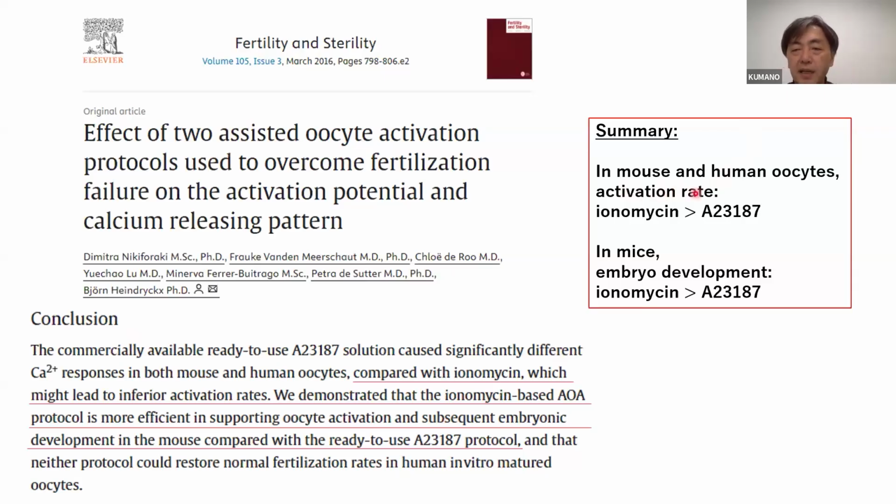Namely, in mouse and human oocytes, the activation rate is higher with ionomycin than A23187. Furthermore, in mouse, the development potential of embryos after artificial activation is higher with ionomycin than A23187.